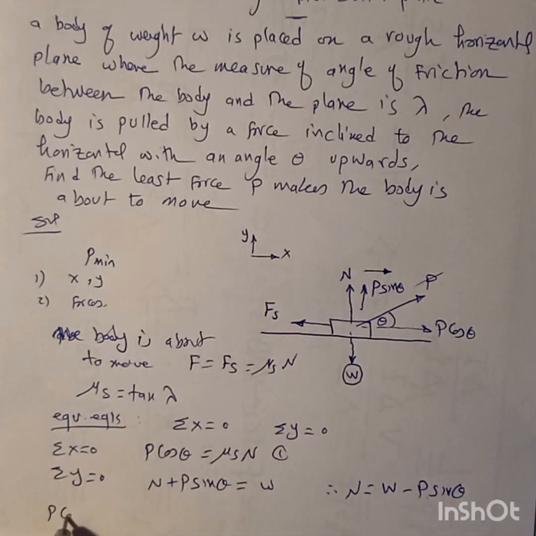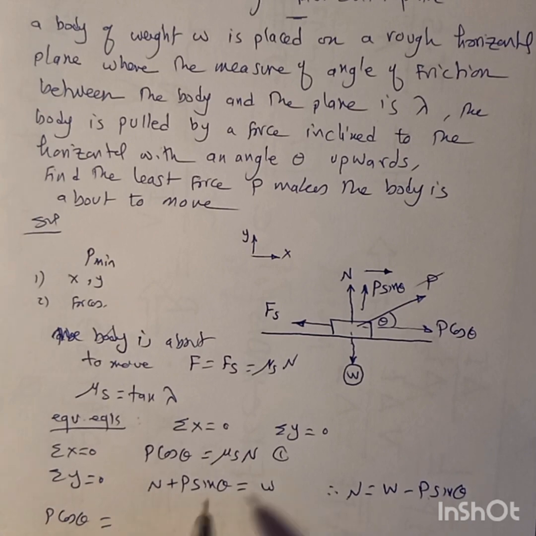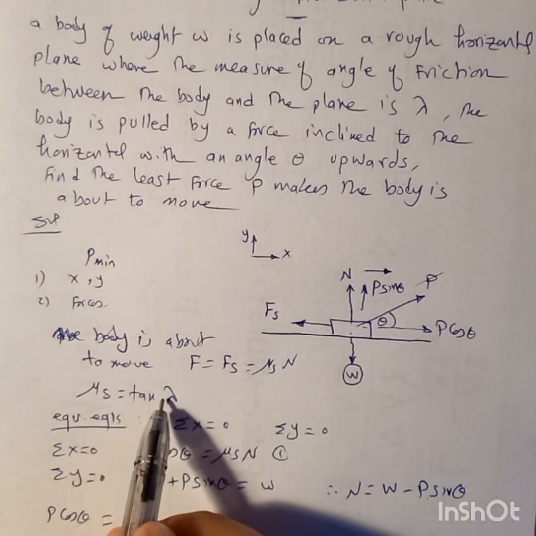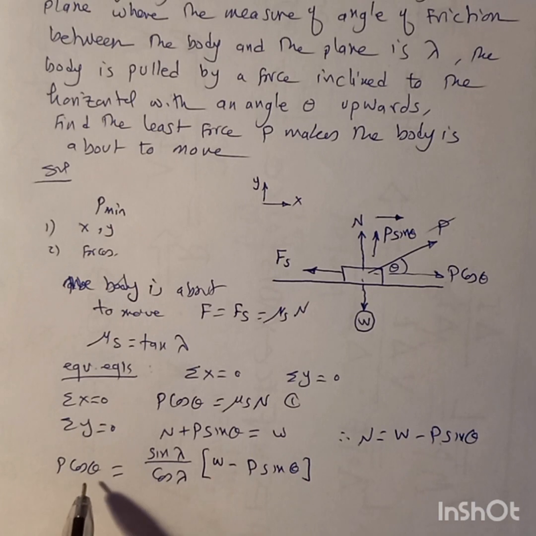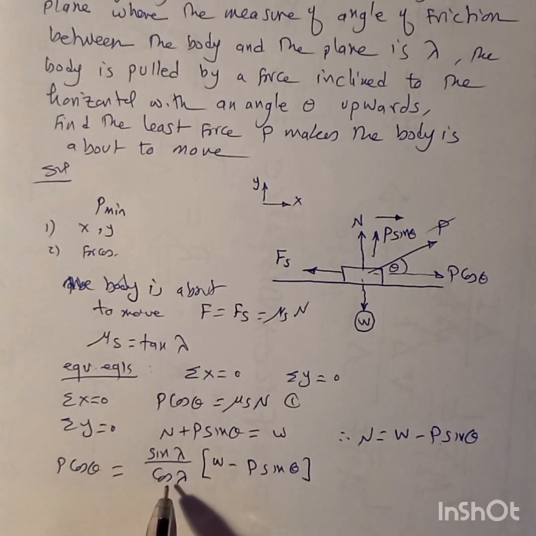Then we have P cosine theta equals mu s, which is tan lambda, then we have sine lambda over cosine lambda multiplied by N, which is W minus P sine theta. Then here we have to multiply both sides by cosine lambda.